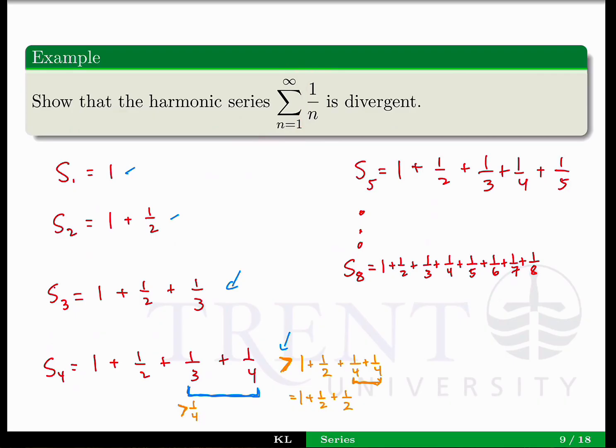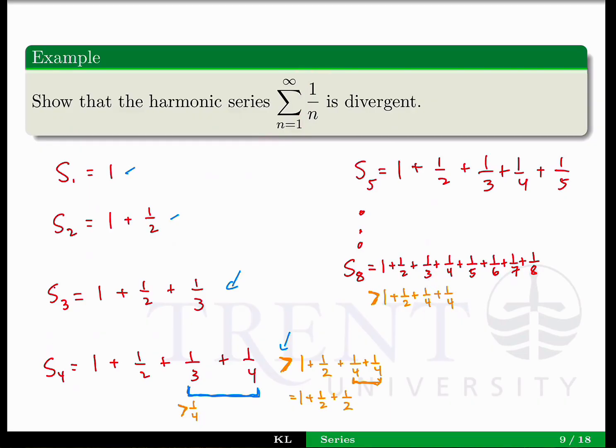Next, let us skip and go to S8. We already know that this is greater than 1 plus 1 half plus 1 fourth plus 1 fourth, because 1 third is greater than 1 fourth.